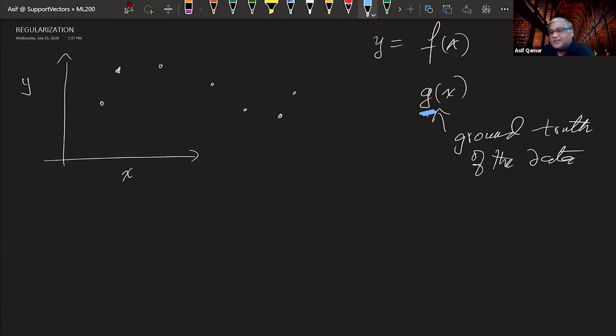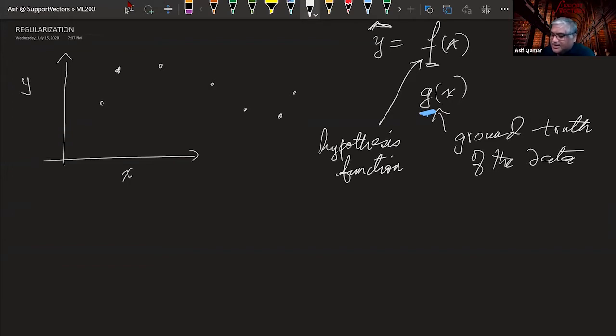What is our task? Our task is to build a machine learning model, which is Y hat. Going back to the basics, you're going to pick a hypothesis function such that Y hat is approximately Y for most values.